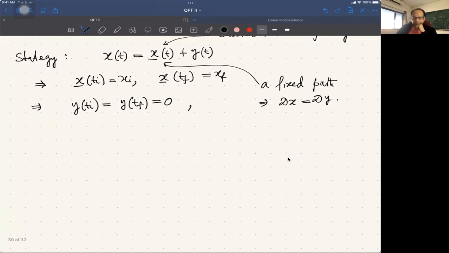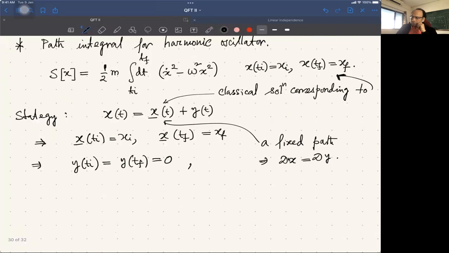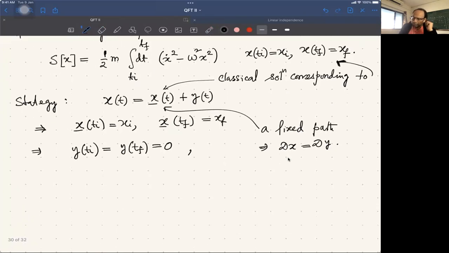Now you could calculate S of x, which is S of x lower bar plus y. In general, you should view it as a Taylor expansion of the action around the classical solution. But for the harmonic oscillator being a quadratic function, the Taylor expansion ends at the quadratic level.